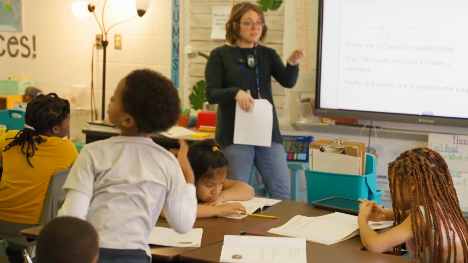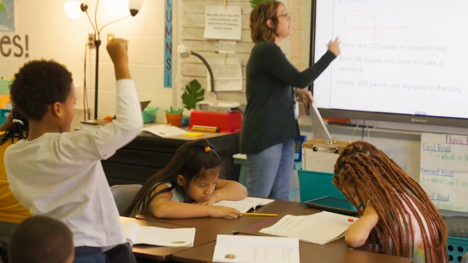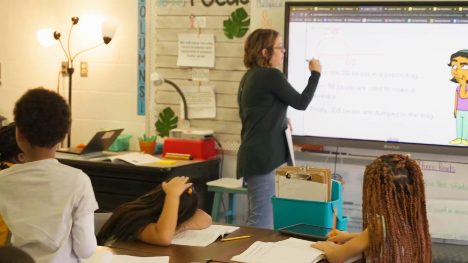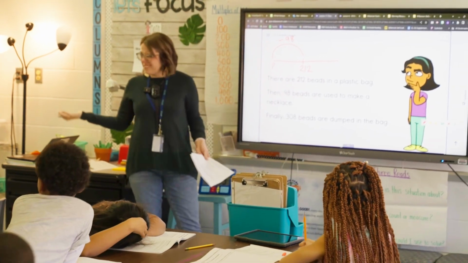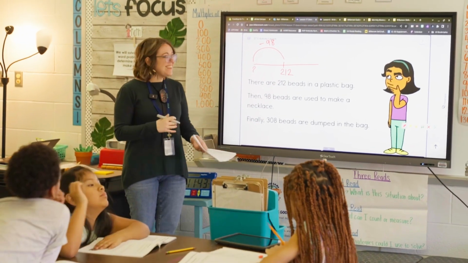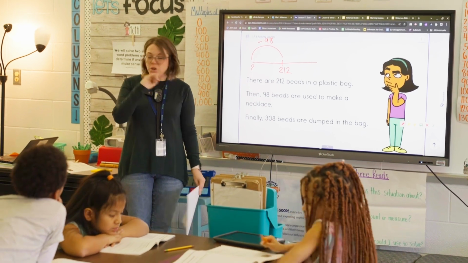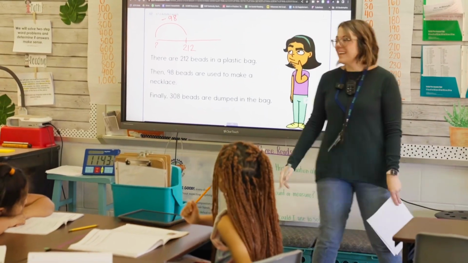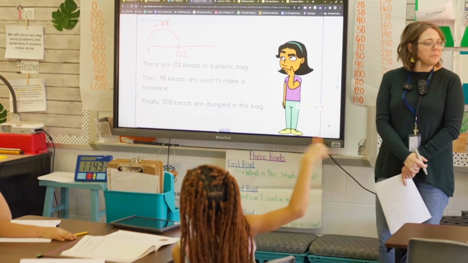So she had to use them, and Sky told me she used them to make a necklace, right? So we're going to take away our 98. And we don't quite know what that's going to be yet, right? We're not sure. But is the problem done? No. Who can tell me the next step? What's the next step going to be? Not right now, sweetheart.